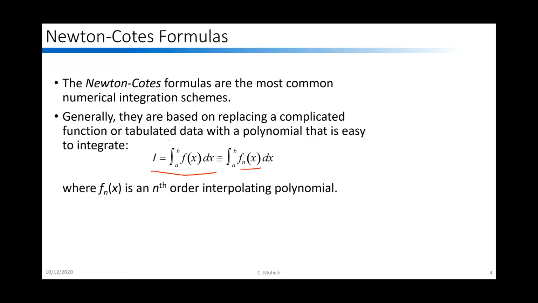So let's say this is hard to integrate, and this f of n is easy to integrate. We can approximate the hard formula by the easy one. So let's look at a few examples.